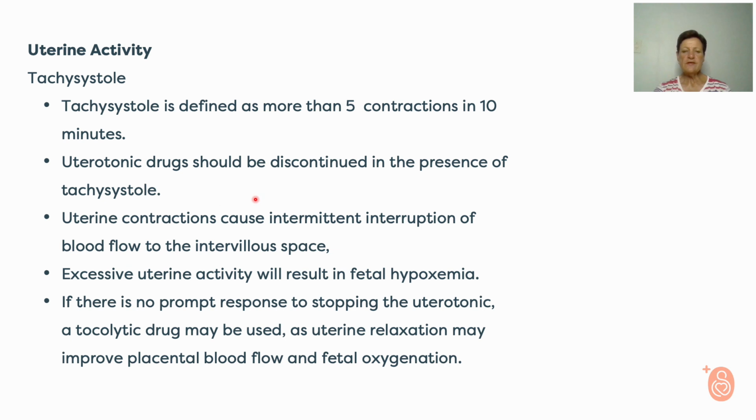So this period of recovery where new oxygenated blood can go to the intervillous space is then very short, and that eventually results in fetal hypoxemia. And the best way to treat it effectively is to stop the uterotonic drug if we can. If it's oxytocin, it's usually easy to stop the IV infusion which has been given. If it's prostaglandins, it's not always that easy to stop it, but if possible, one should do that as quickly as possible.